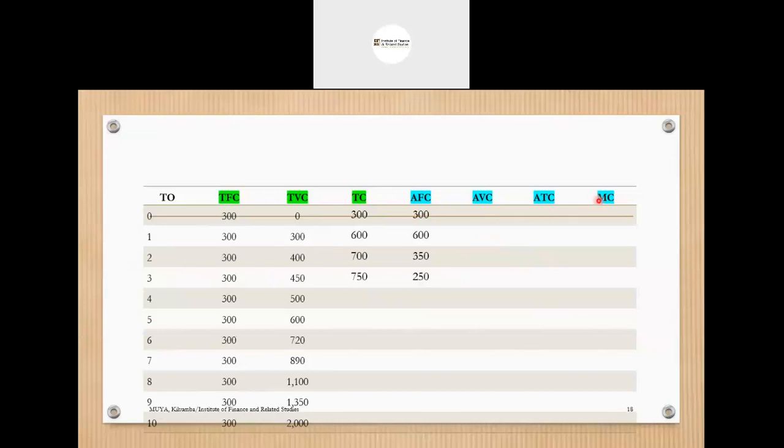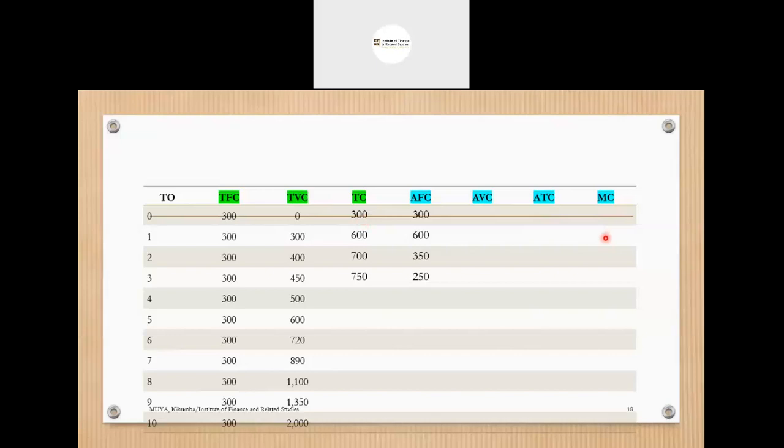Then marginal cost, very important. How do we compute marginal cost? With the information that we have here, marginal cost can only be computed as change in total cost over change in output. We wouldn't have anything in the first instance, because it was 0 and before 0 there was nothing. But what of when output was 1?